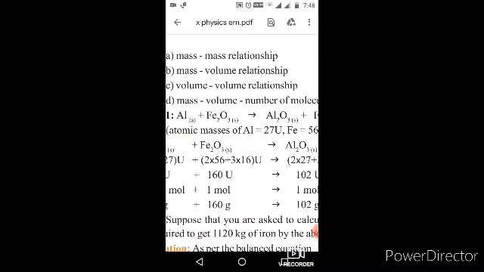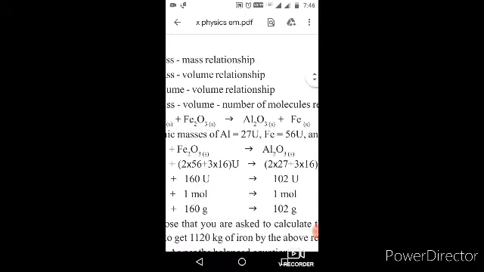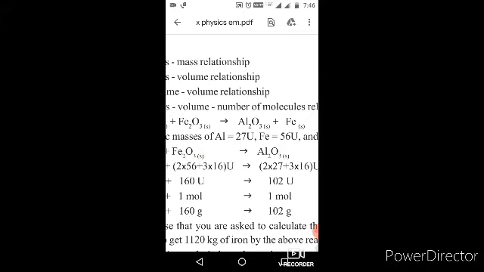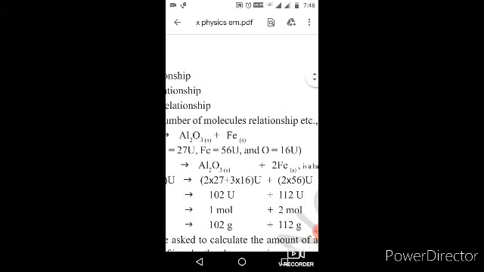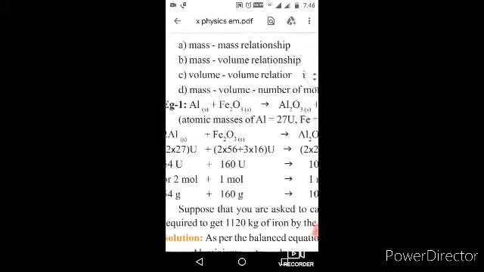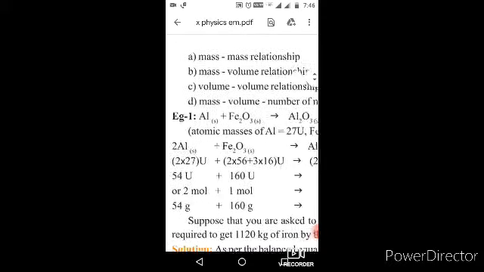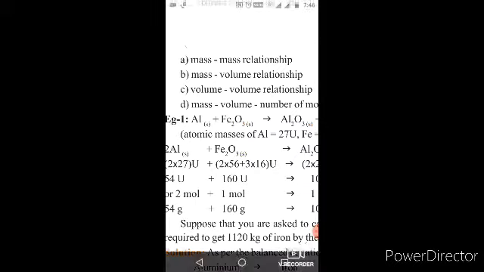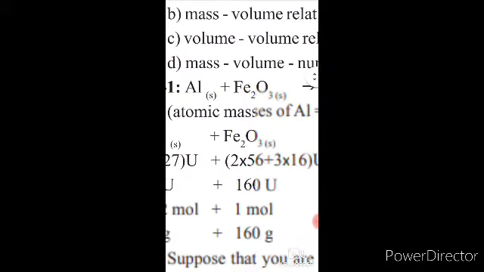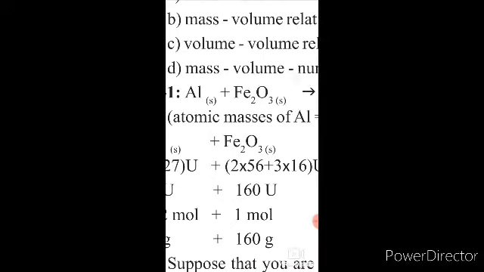Here the given atomic weights are: aluminium 27 unified mass, iron 56 U, oxygen 16. Why balance? Because on the left side there is only one aluminium, plus iron oxide, but on the right side Al2 is there.